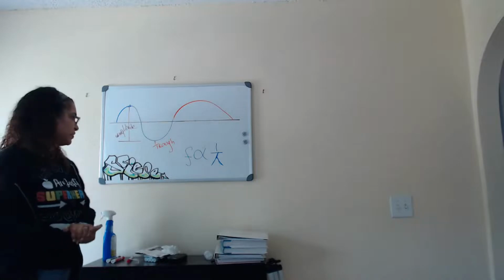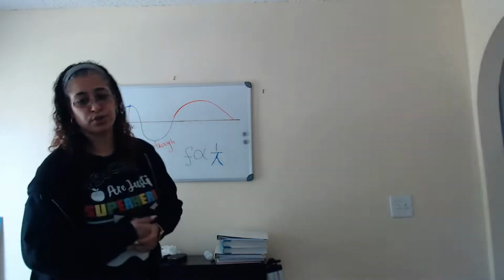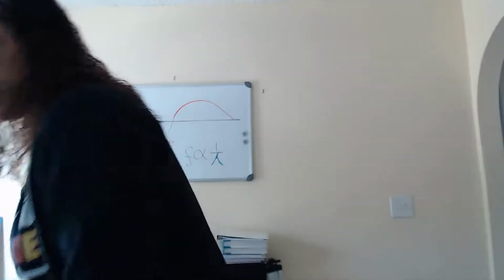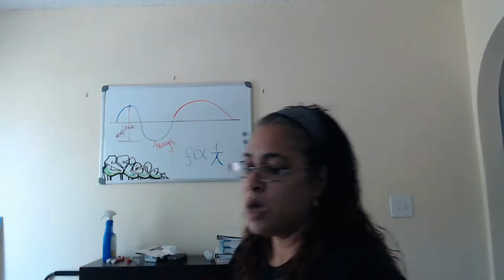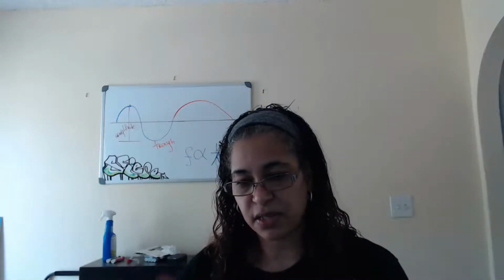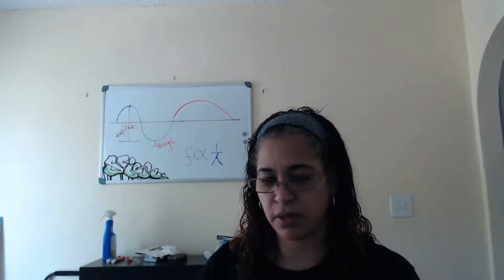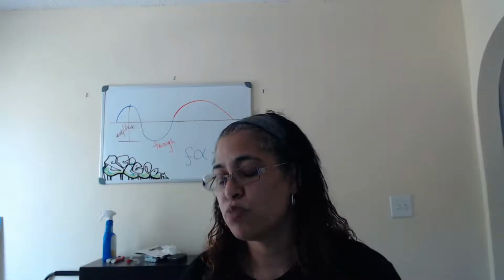We went over wavelength, we went over the crest and the trough. So you want to make sure you know these definitions. That's very important. You want to know what a frequency is. In other words, how many waves pass a particular point, how fast a wave is moving.